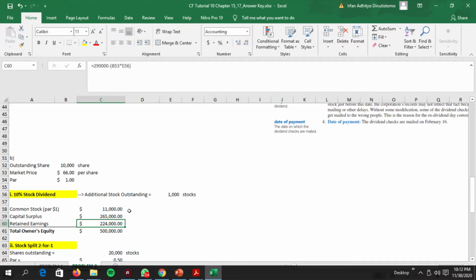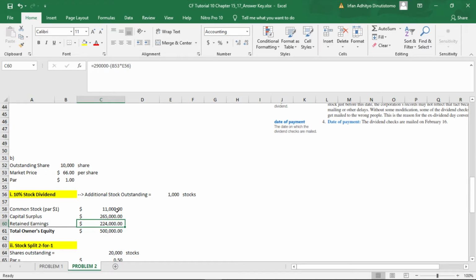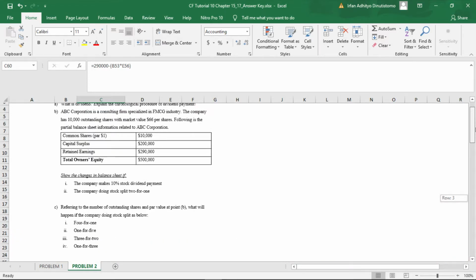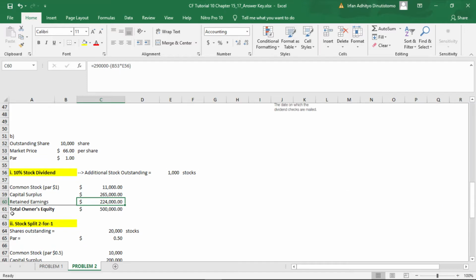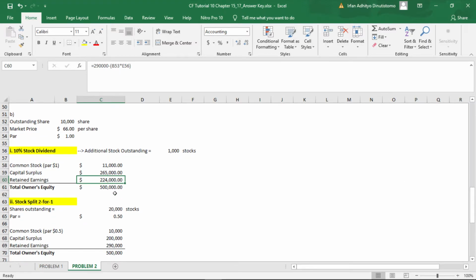So the capital surplus is increasing, but why is the retained earnings decreasing? If you look closely, the retained earnings is $290,000, and it decreases to $224,000. So why is that?